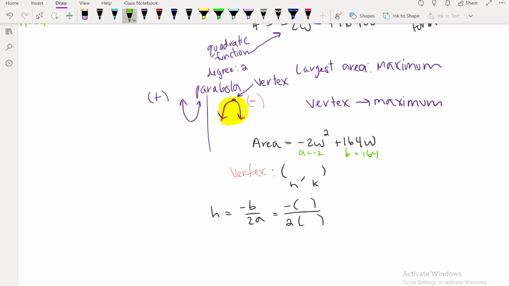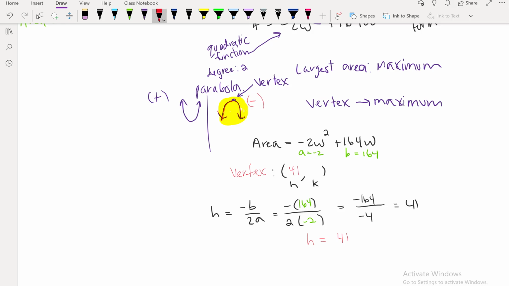So then here my B value is 164 and my A value is negative 2. So I have a negative 164 being divided by a negative 4. A negative divided by a negative is going to give you a positive. So 164 divided by 4 will give you 41. So now I have that my H value is equal to 41.